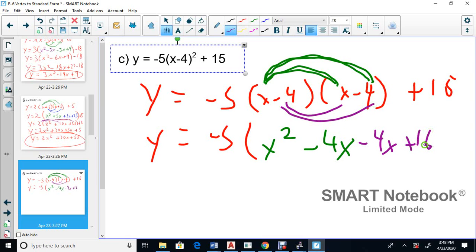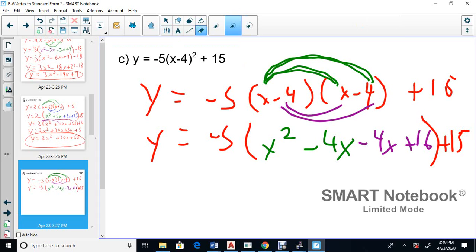You might remember FOIL. First, outside, inside, last. Or the cover-up method where I covered the items up from before we went on March break. And at the end, we got a plus 15. I have to watch my handwriting here. It's a bit messy. It's a plus 15 on the end, not 16. That number doesn't change, so it's plus 15.